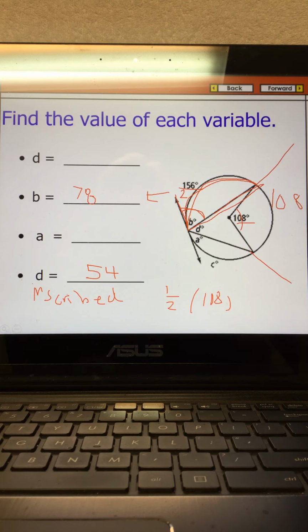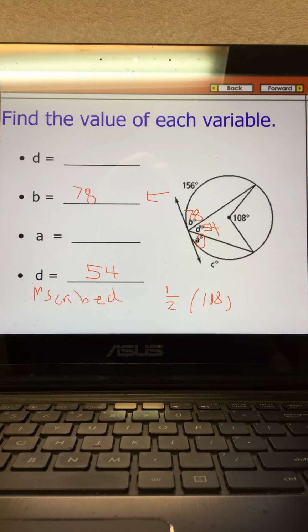Now, there are three angles here that are making up this straight line. I'm erasing some of this so we can see. Do you see those three angles? We know this one was 78, right? We know this one is 78. We know that D was 54. And we should be able to find out how much A is.